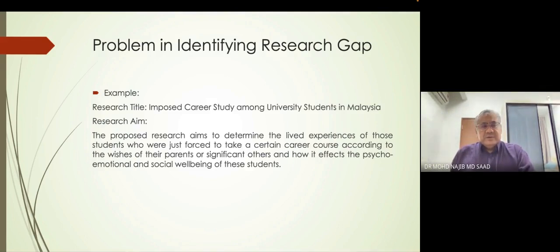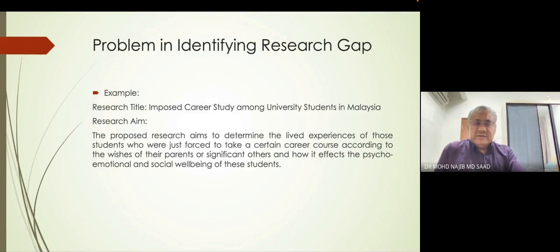One typical example, a research title: imposed career study among university students in Malaysia. The proposed research aim is to determine the life experience of those students who were forced to take a certain career course according to the wishes of their parents or significant others, and how it affects the psychological, emotional and social well-being of the students.